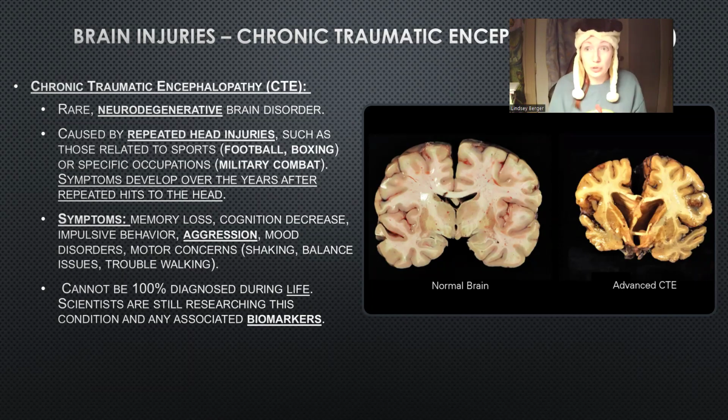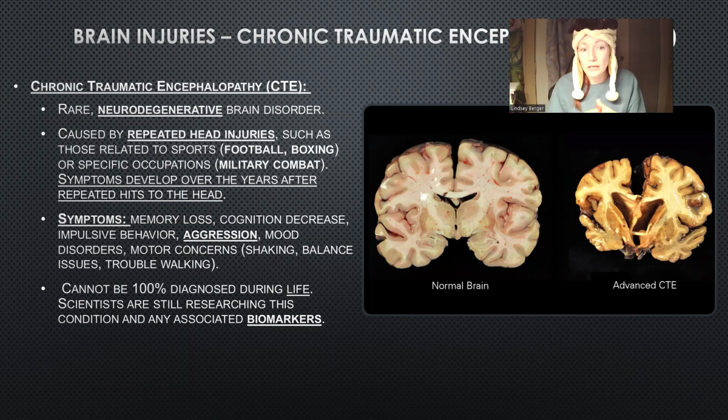Like, it's not good. Again, you can't diagnose it 100% in life, but because of America's pro football, that means we've got a lot of potential CTE cases cooking right now. They're starting to do some research and looking for biomarkers, where they could take a sample of your blood from your arm and look for certain proteins, or similar, that would be in the blood from residue or waste tissue from the brain that's experiencing this.